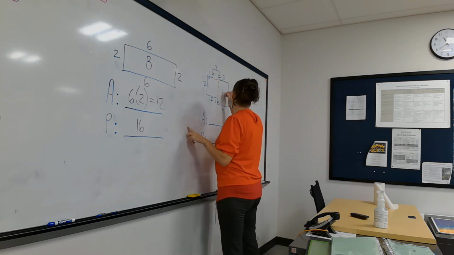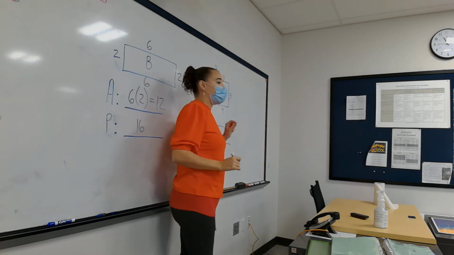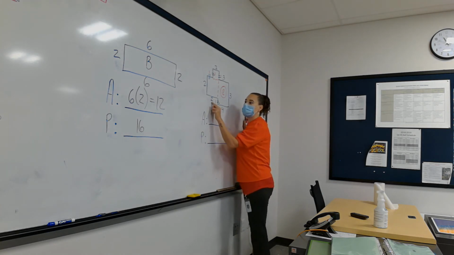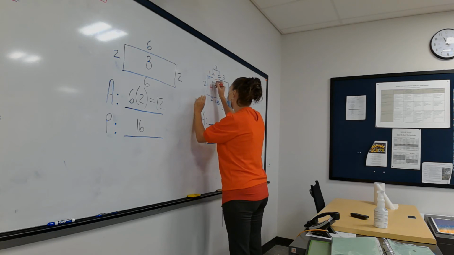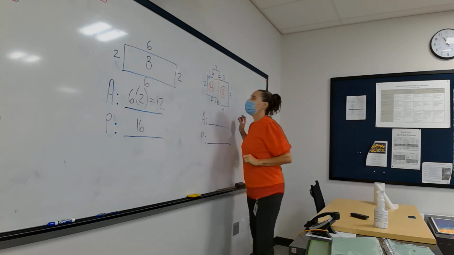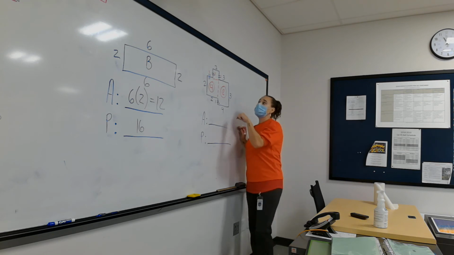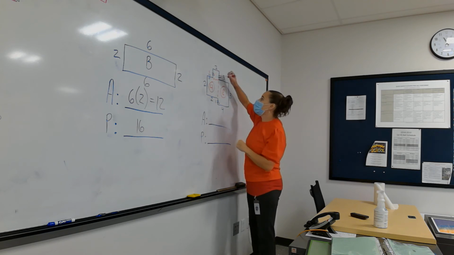So this one's 12. Okay? Again, base times height. So for this one, I do 2 times 2. So this one's 4. Okay? For this one, again, base times height, it's 2 times 1. So this one is 2.